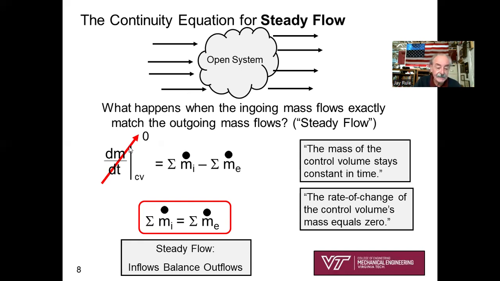So dm/dt of the control volume is 0. That's steady flow. The time derivative of anything for steady flow is 0. So left-hand side 0. We simplify our continuity equation: m dot i equals m dot e.